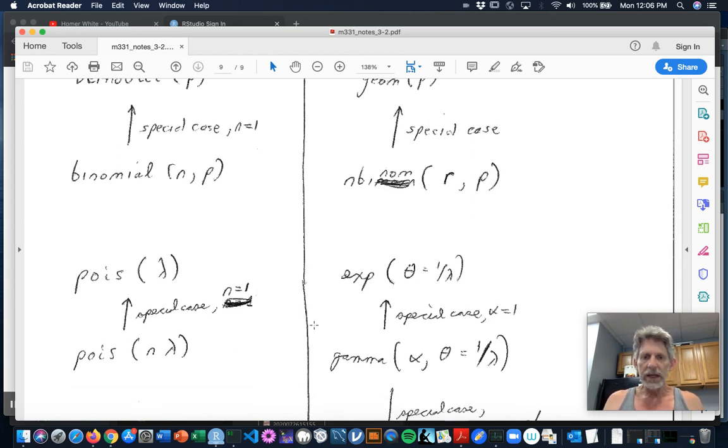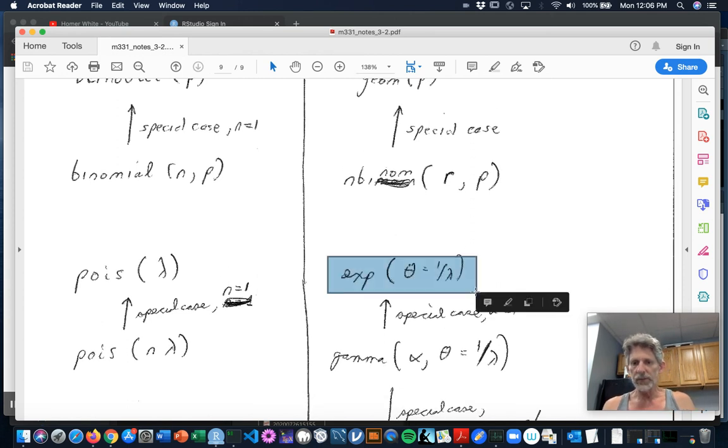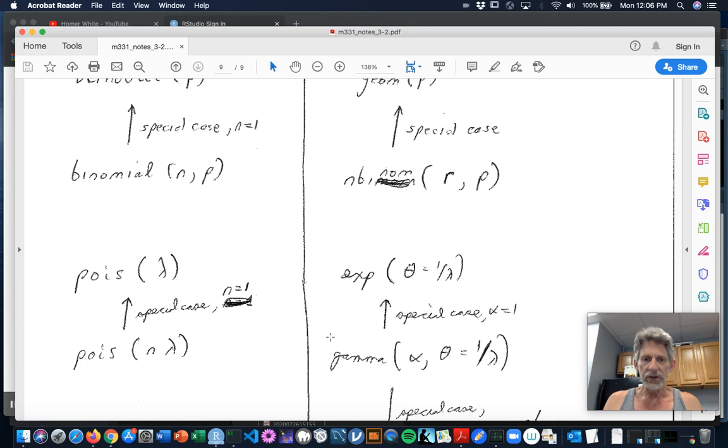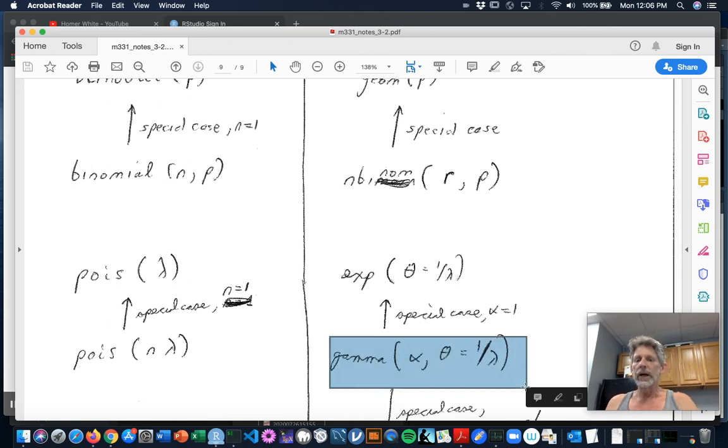Now, over on the waiting side of things, in a Poisson process, when you wait for the first event, you got an exponential random variable, which in turn is a special case of waiting for alpha events to occur, gamma random variable. So we've added some to this nice structure of counting versus waiting random variables.